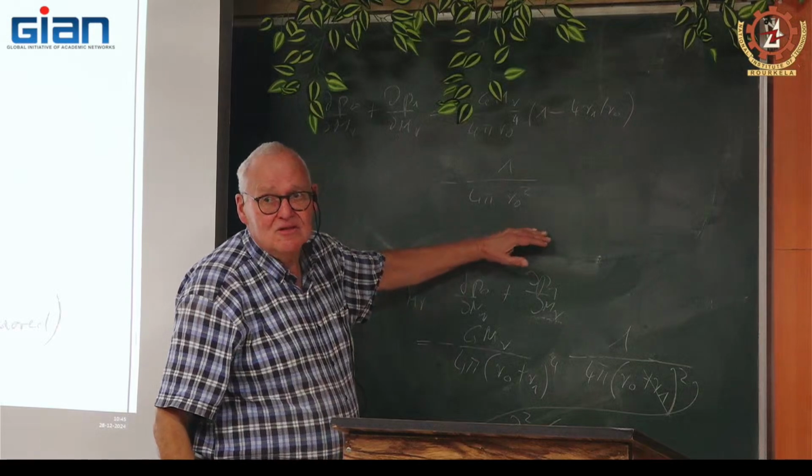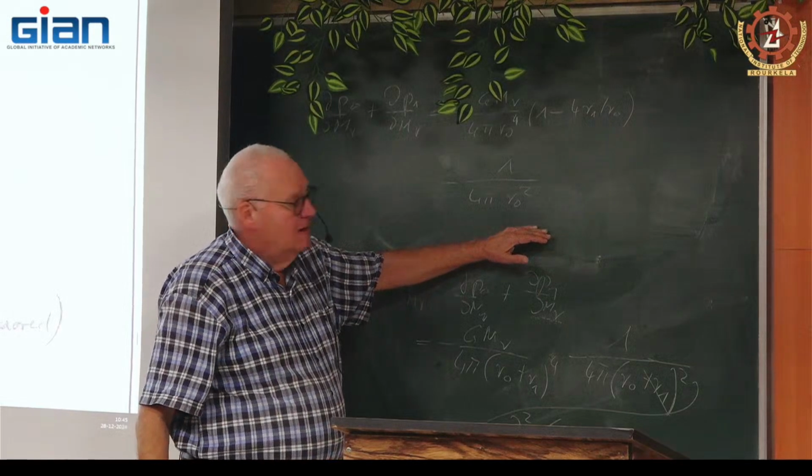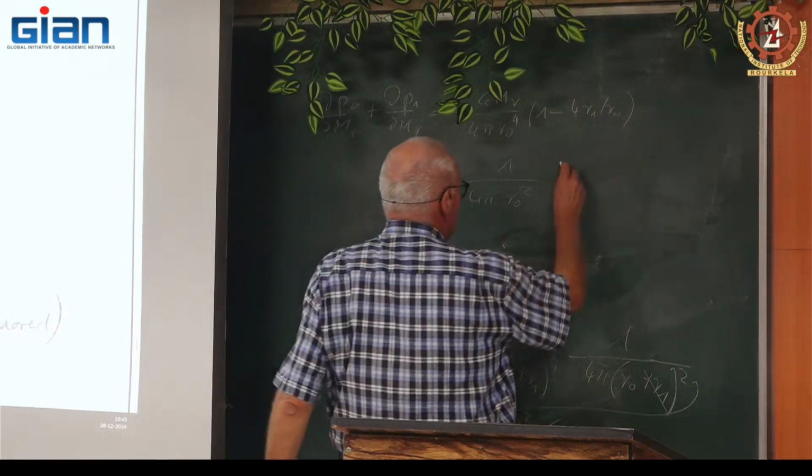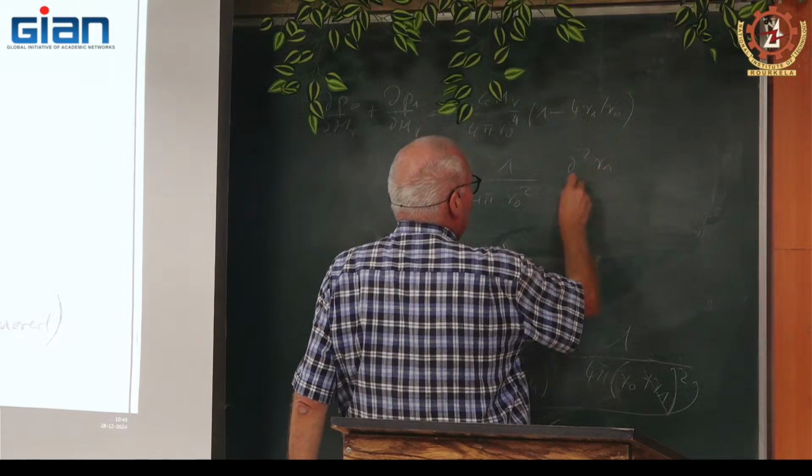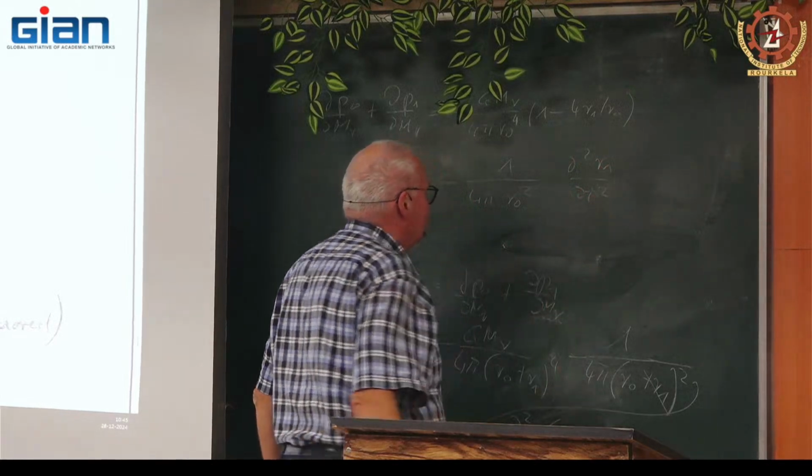We only need to take the unperturbed quantities times d2 r1 by dt squared.